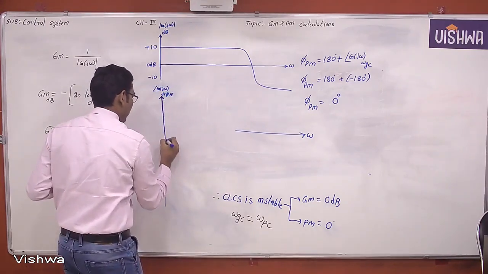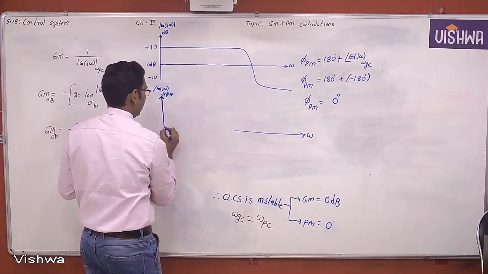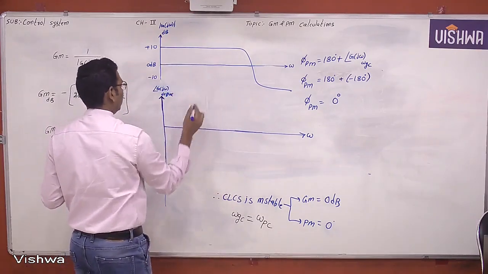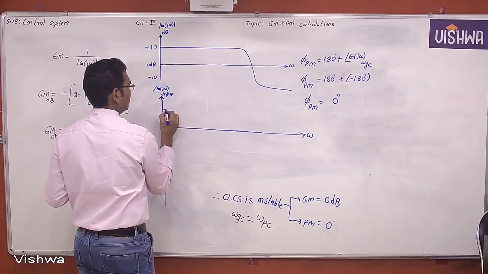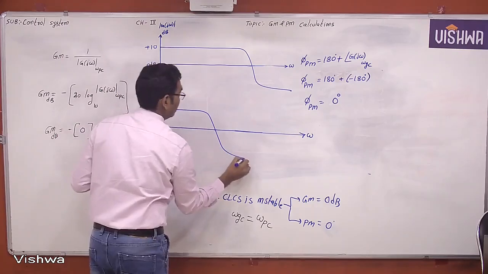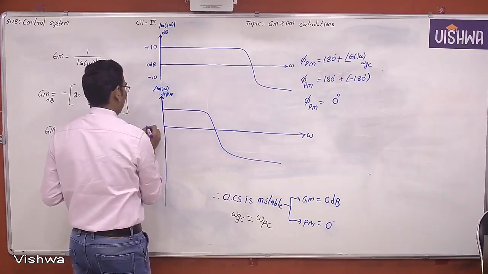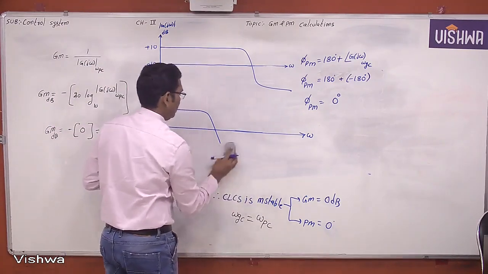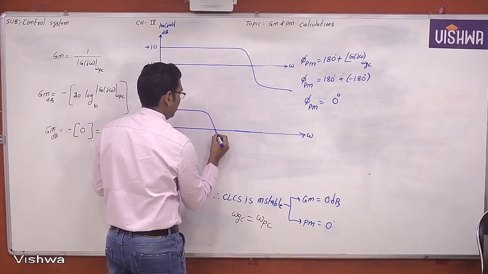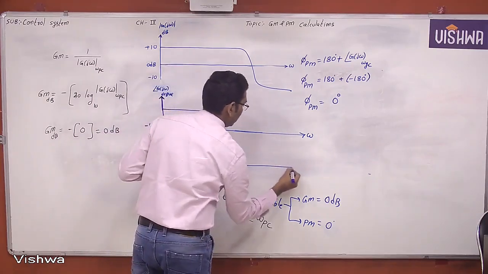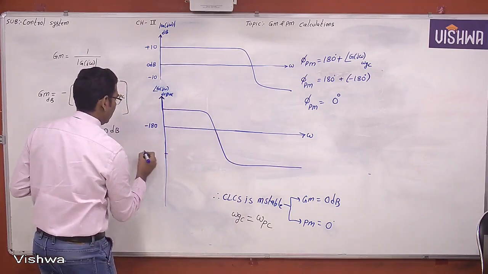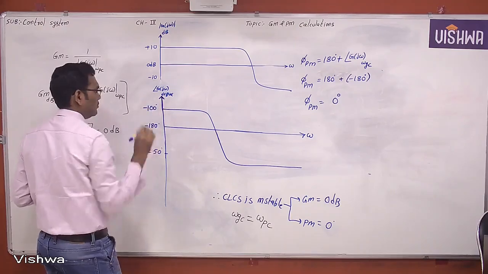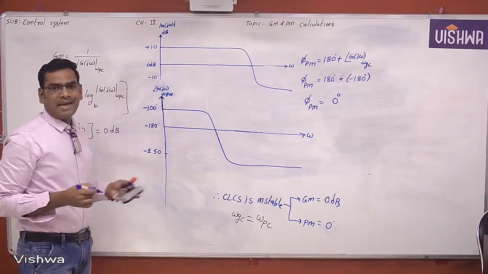Now this may be a magnitude plot. Now see, there may be a plot like this.